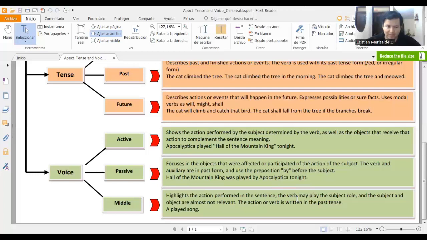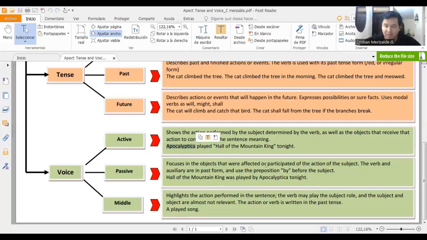So in this kind of voice, the action is the main focus, and also the action verb is written in past tense form. Okay, we have here an example related to the other sentence, that is "a played song." Remember that in the sentences we are focused on the action that is play.